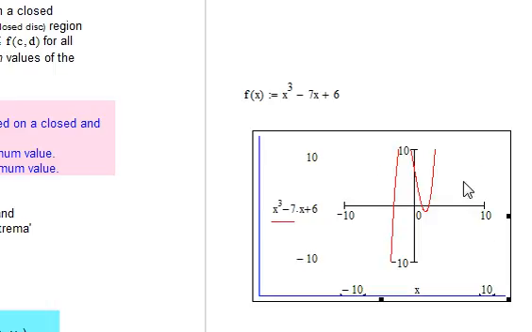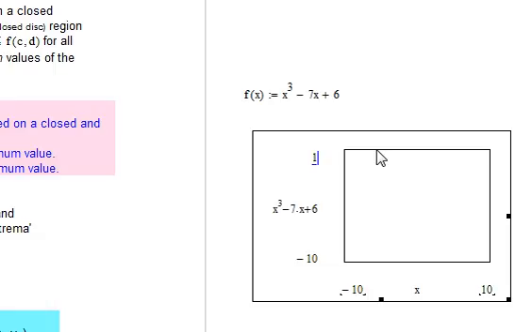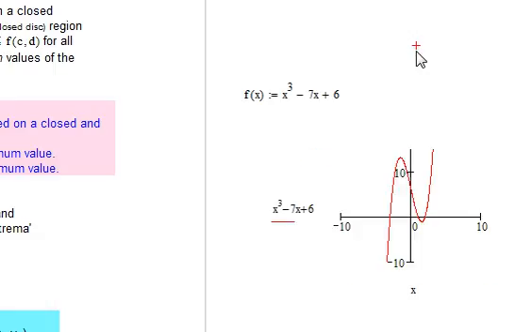Now you should see fairly clearly that, for instance, this is a relative minimum, but there is no absolute minimum because the function keeps getting smaller. And if I went a little bit higher than 10, maybe 15, you should see that there's a relative maximum here, but there is no absolute maximum because the function just keeps getting huge as you keep going.